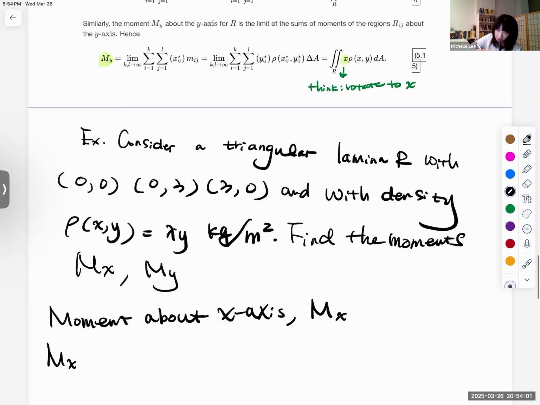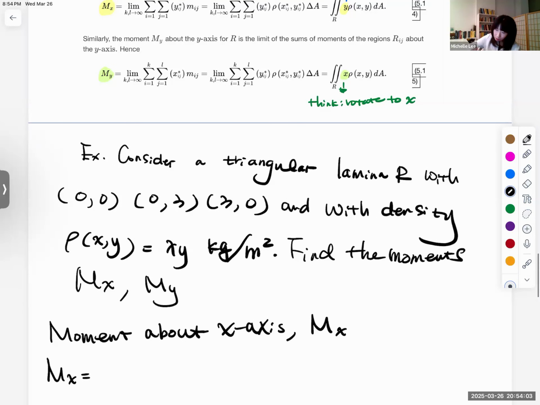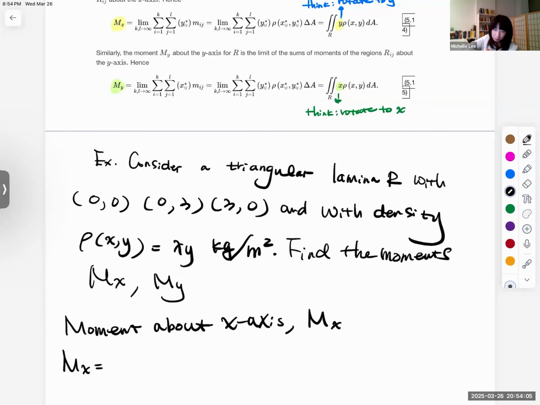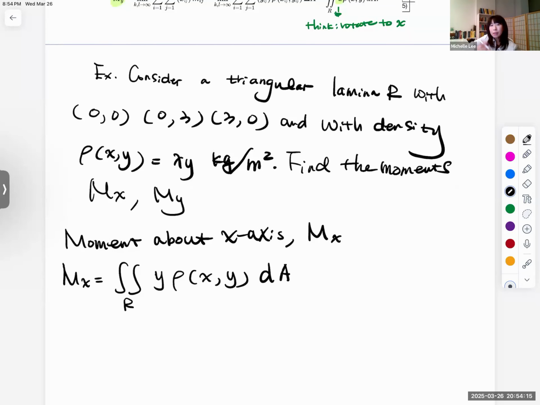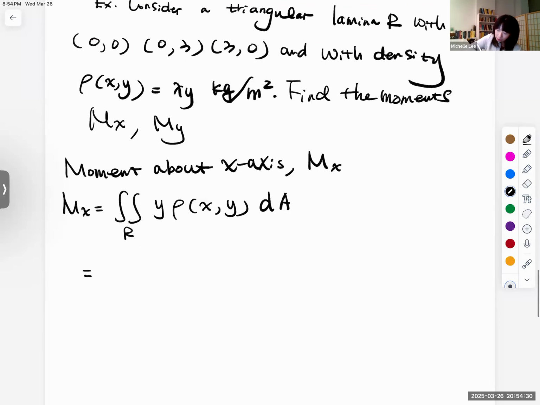So m sub x is equal to a double integration region of y times rho, the density function. Okay, so we had y equal to negative x plus 3, right? So same, we are integrating with respect to y first, then x. All right, so let's do it.